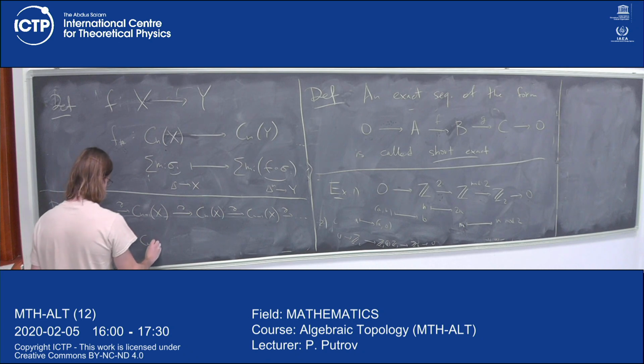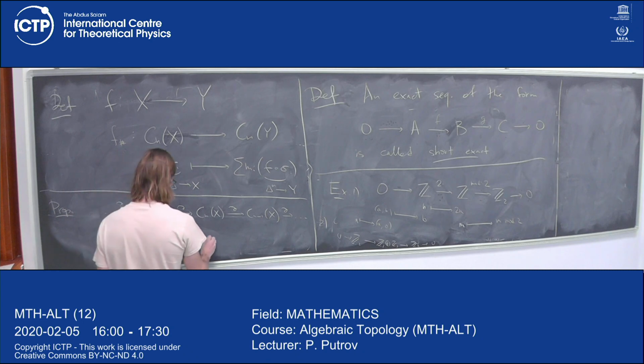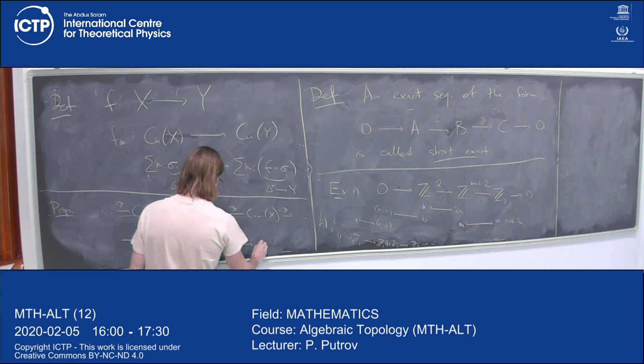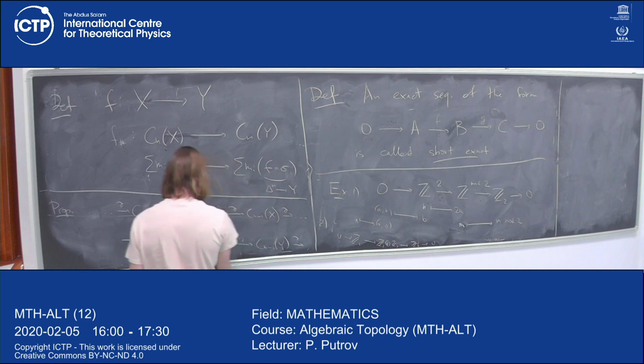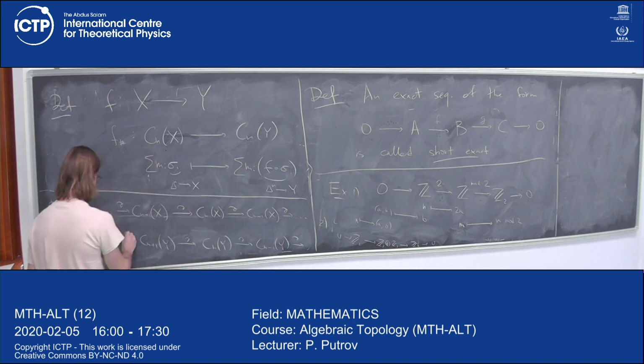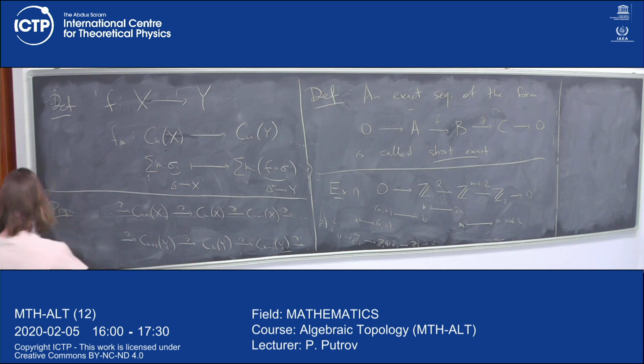And similarly we have, for my space Y, the following sequence of boundary homomorphisms. Here I also will denote them by d, because these are also different maps acting between different groups, but with the same notation.